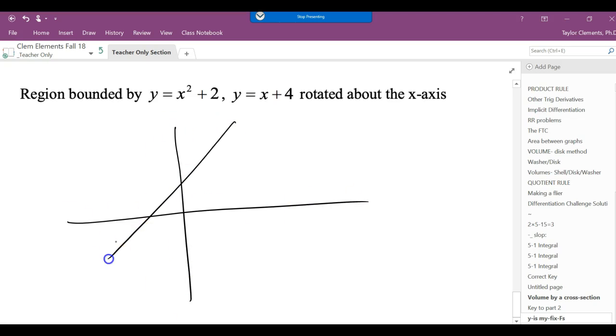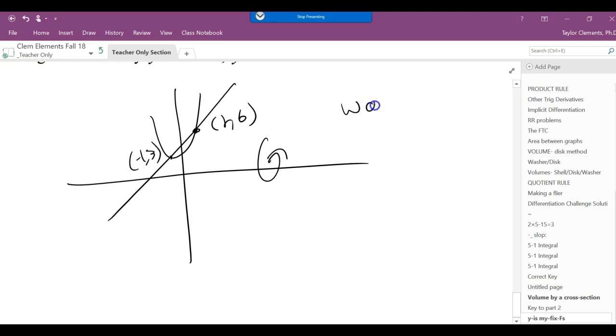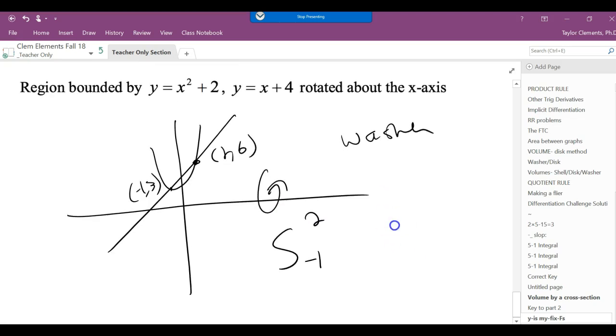And the x-axis, that's that 2, 6, 1, 3. Around the x-axis, so I'm going to use washer. Let's see, from -1 to 2.